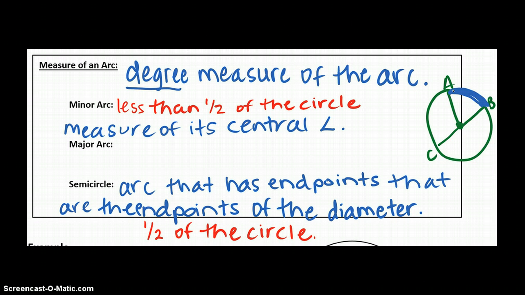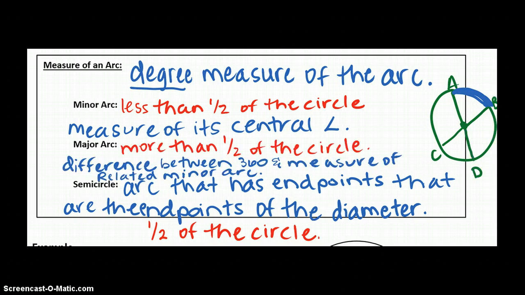Now onto major arc, going along the lines of a relationship, the major arc is the rest of the circle. So the major arc is more than half of the circle, and it is the difference between 360 and the measure of the related minor arc.